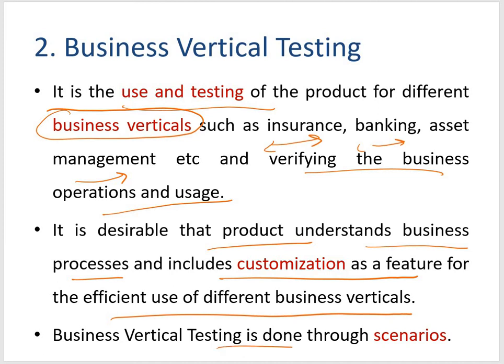Your business vertical testing is done through various scenarios, right? So I have the scenario and then I go ahead with testing. Business vertical testing is basically a process in which your product is used and tested for different verticals.